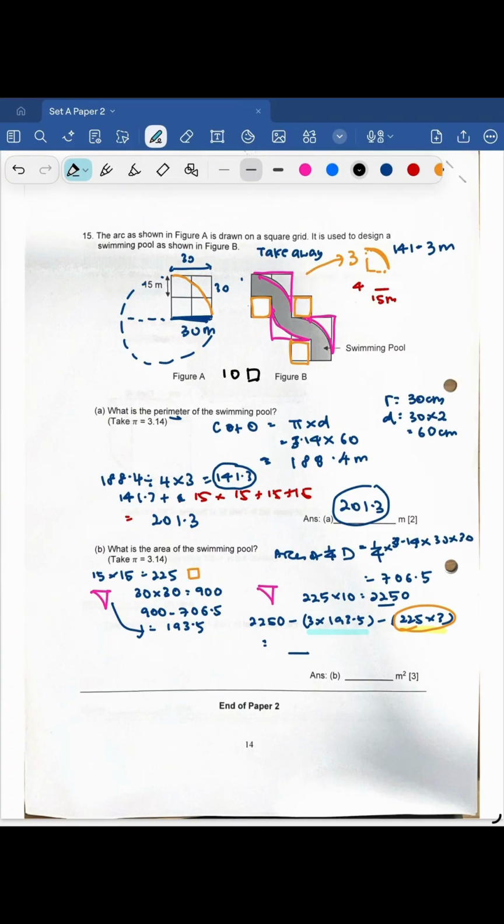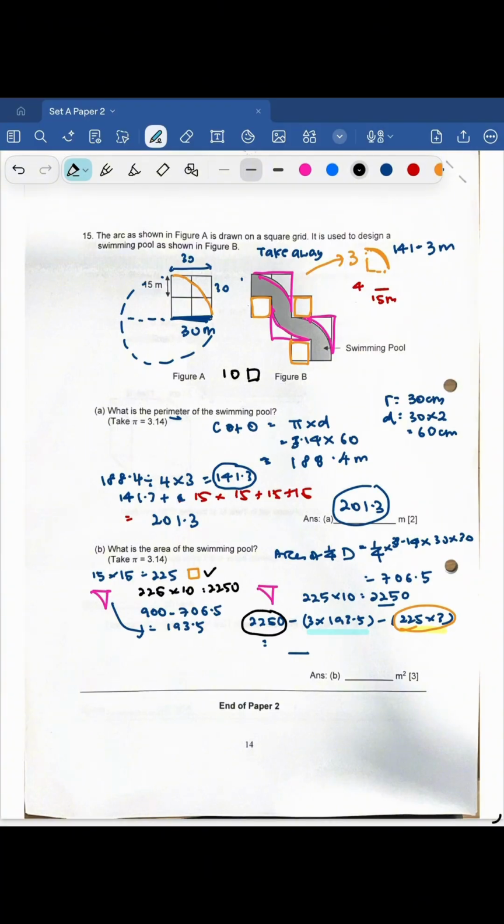Okay, so let us now find the area of one small square. Let's take the steps. It's 15 times 15. It is 225. Okay, so this is 225. If I would like to find the area of the 10 squares, I will take 225 times 10 to give me 2,250.